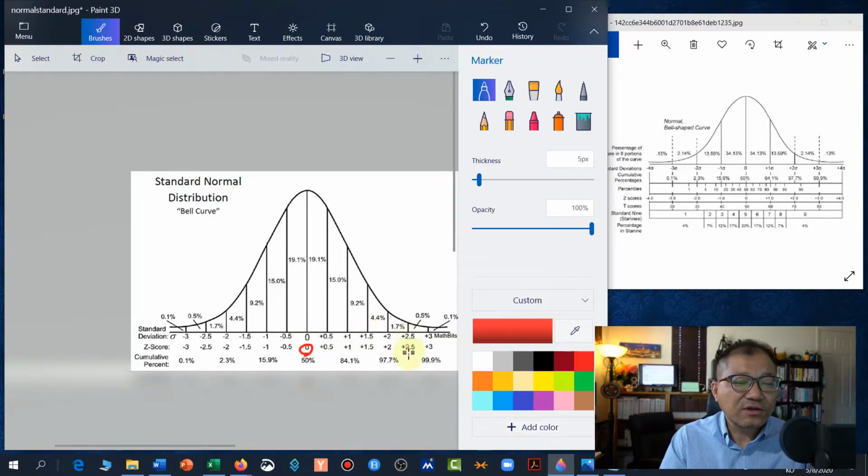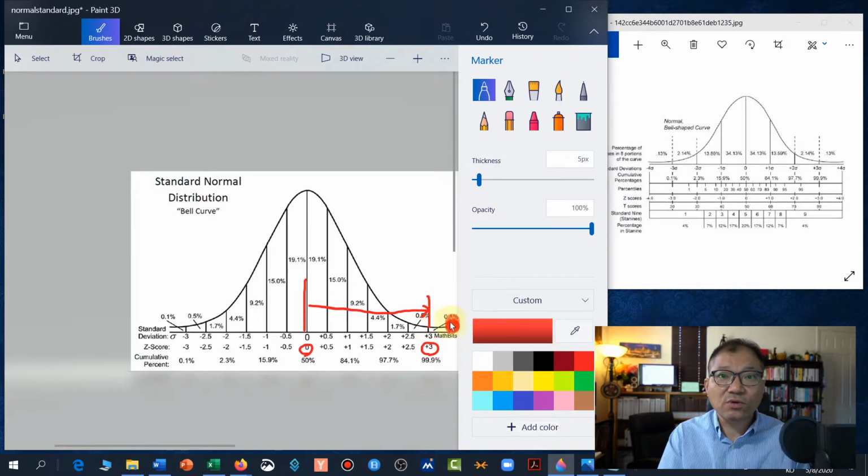What if your z-score is positive 3? That has several information. This is the mean. Your score is located right here, which is the z-score of positive 3.